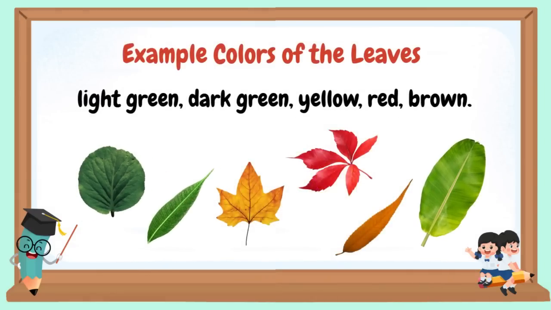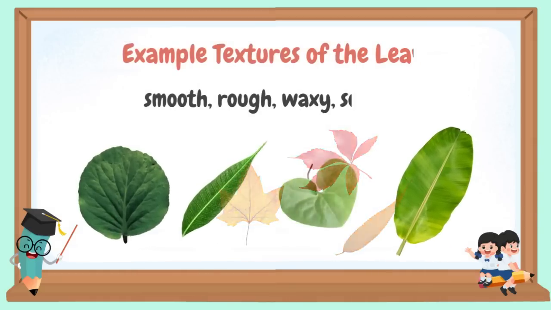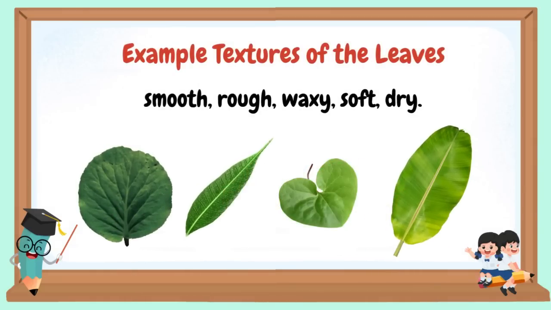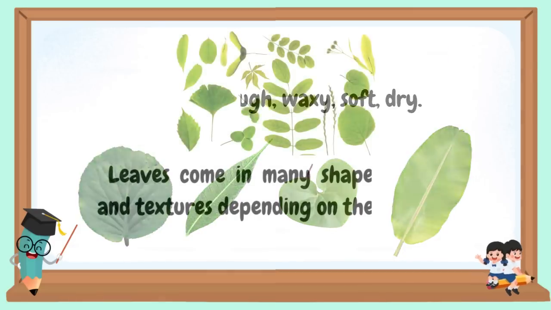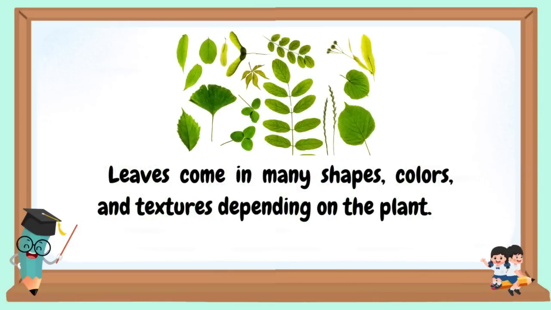Example colors of the leaves: light green, dark green, yellow, red, and brown. Example textures of the leaves: smooth, rough, waxy, soft, dry. Leaves come in many shapes, colors, and textures depending on the plant.